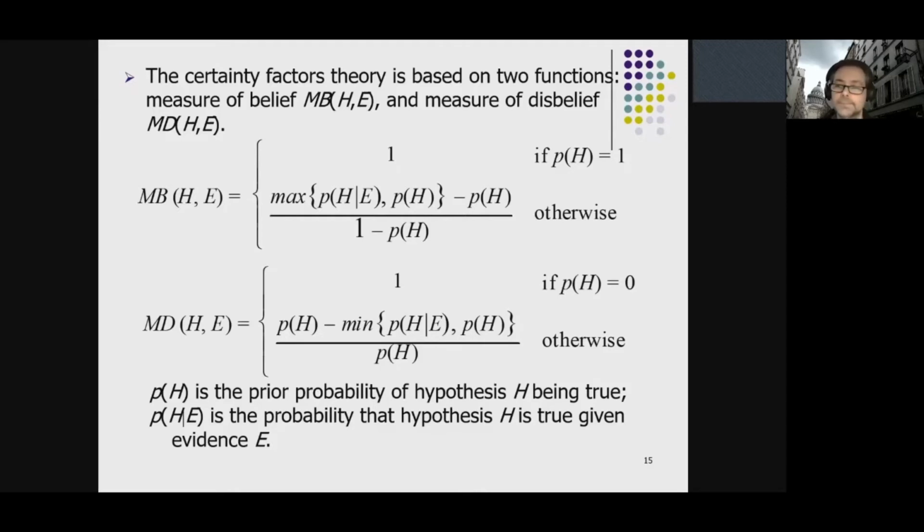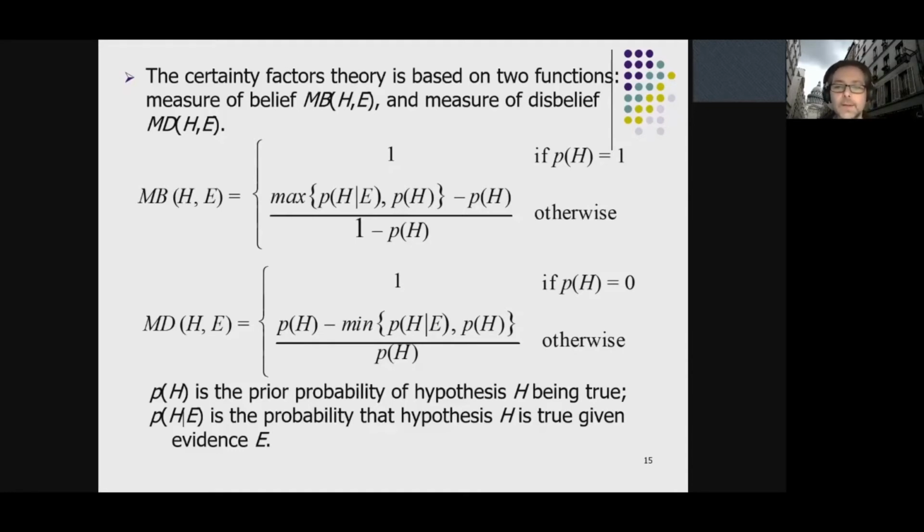Okay, we are absolutely certain this is true, so obviously the belief is 1. In any other case, the measure of belief is given by the relation that you see on the slide. Okay, it's a simple calculation.